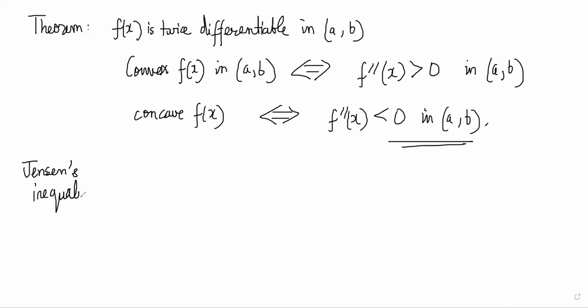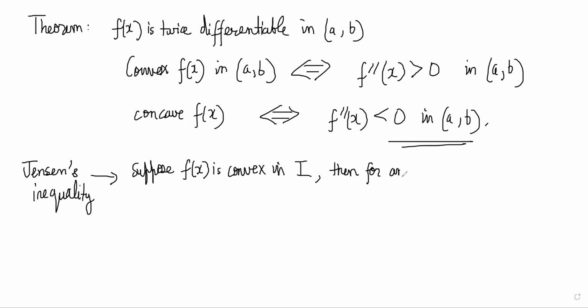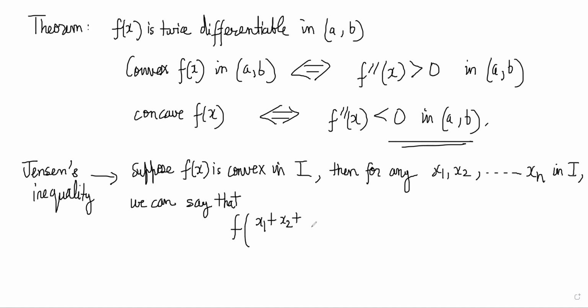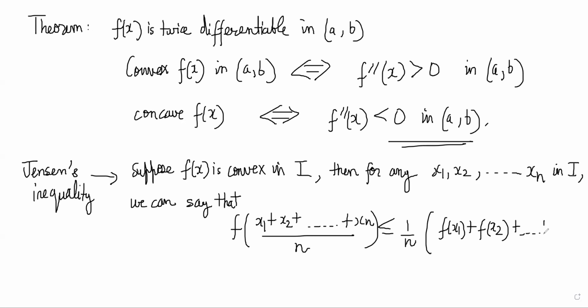So what is this inequality saying? It says that suppose f of x is convex in I, then for any x1, x2 till xn in I, we can say that f of (x1 plus x2 plus xn) by n will always be less than or equal to 1 by n times (f of x1 plus f of x2 till f of xn).